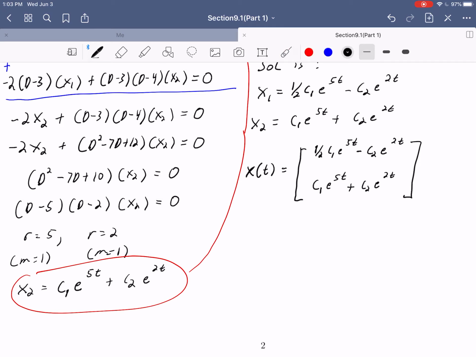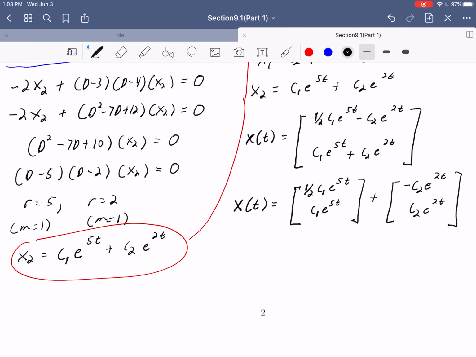Let's split this apart into the components that involve the e^(5t) and the e^(2t). Notice that I could view this as the sum of two vectors: 1/2 c1e^(5t) and c1e^(5t), plus negative c2e^(2t), c2e^(2t).